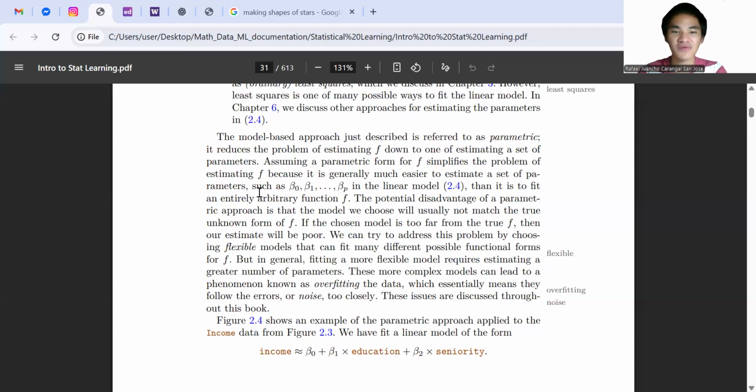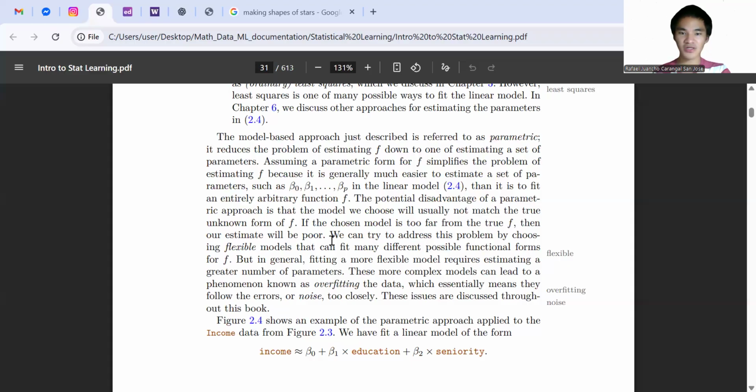However, the potential disadvantage of a parametric approach is that the model we choose will not always match the true unknown form of f. Sometimes it's too far from the true f, so our estimate will be poor. We can try to address this problem by choosing more flexible models, right?